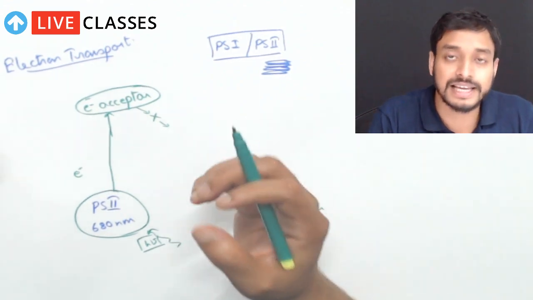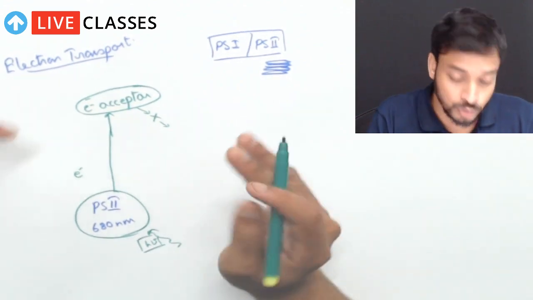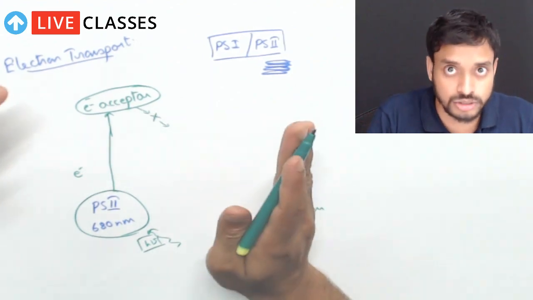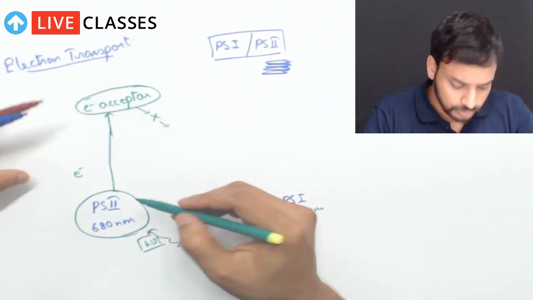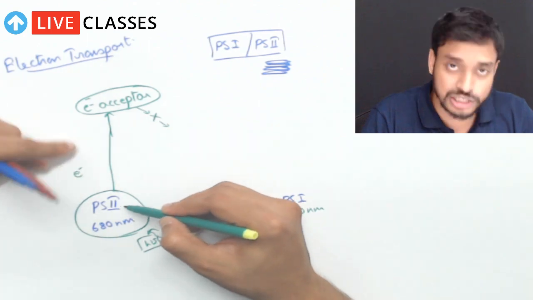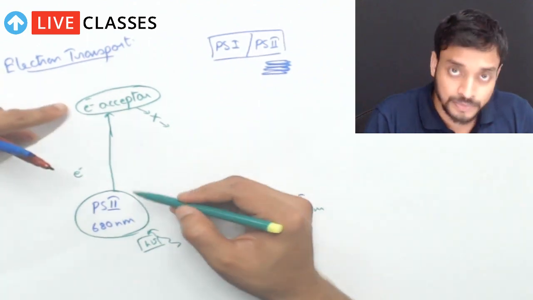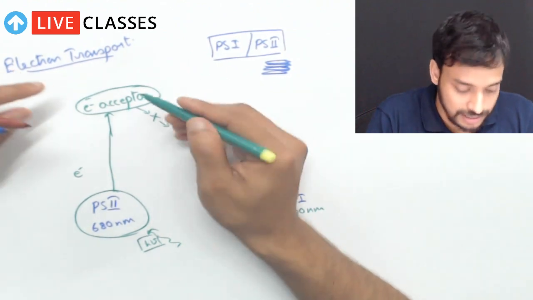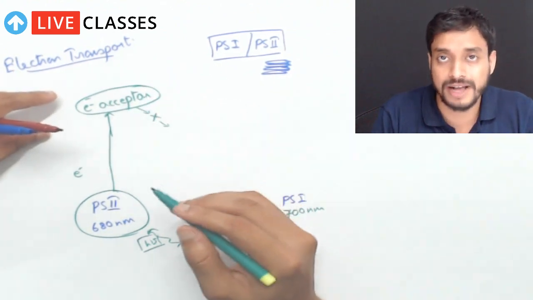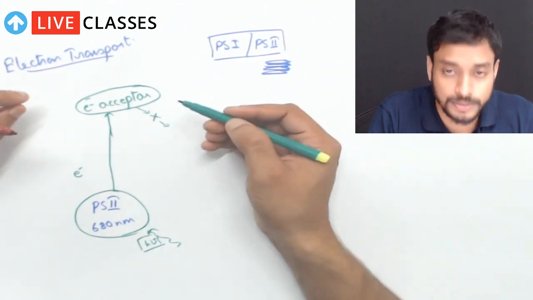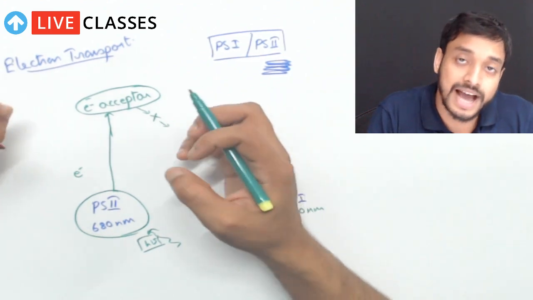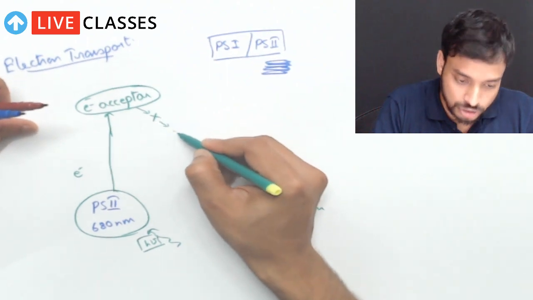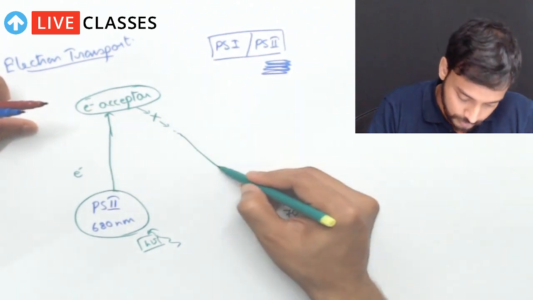Let's repeat once more. Because of this high energy, electrons are released. They are accepted by the electron acceptor. After accepting, the electron acceptor passes the electrons to the next one, which has higher affinity for the electrons, correct?